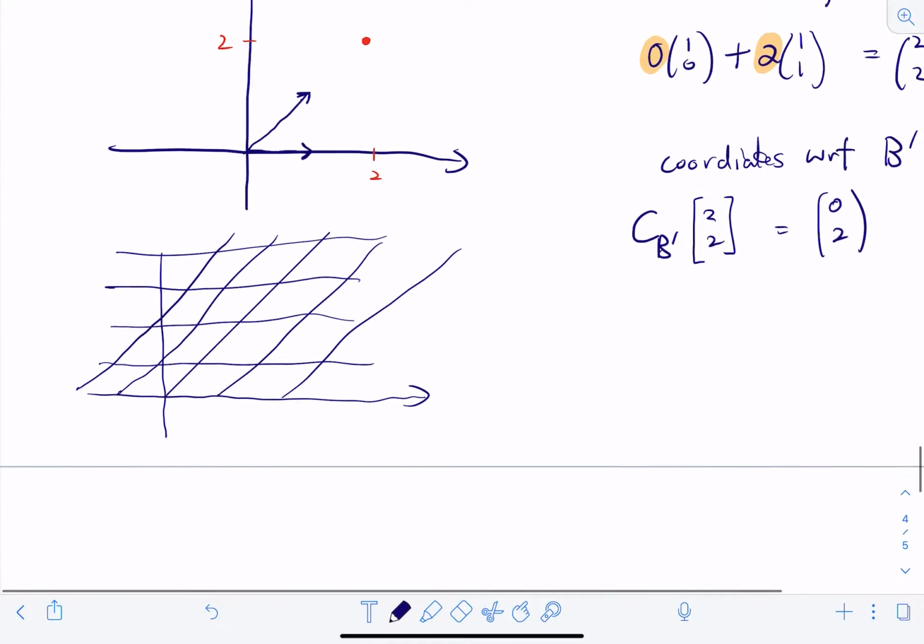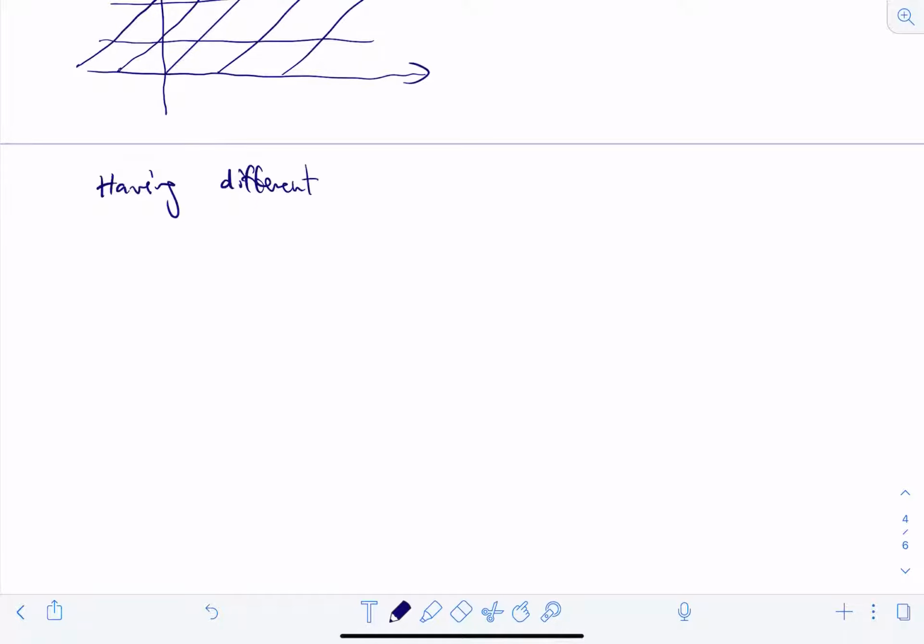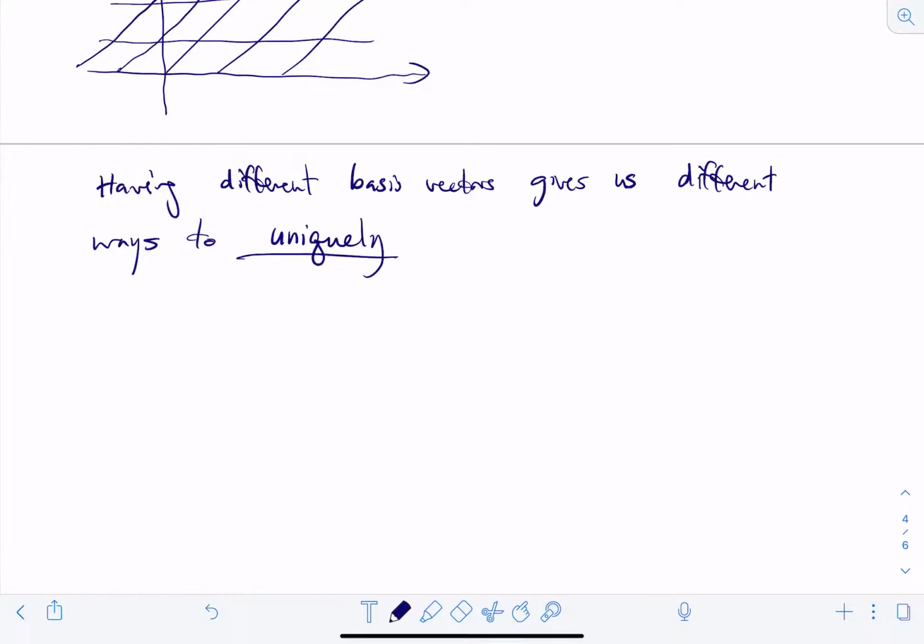The point of this is that having different basis vectors gives us different ways to, I'm going to underline this word, uniquely write vectors in R2.